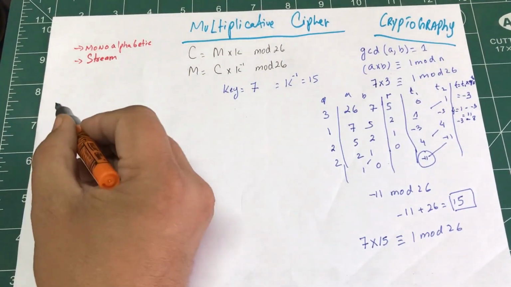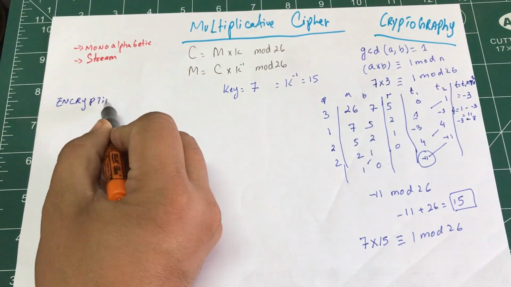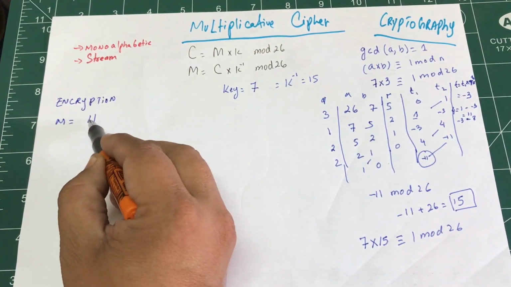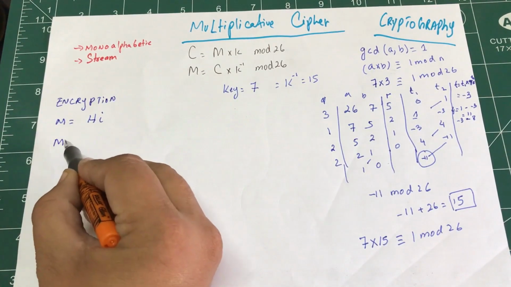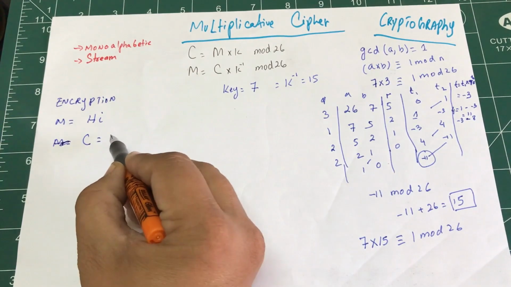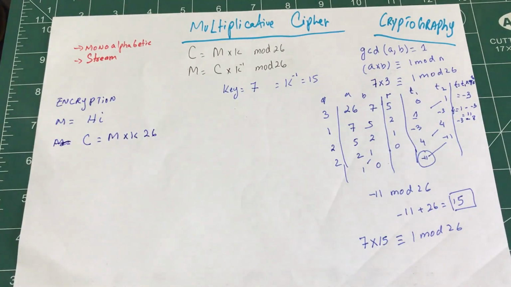So let's quickly do encryption. Let's say I have a message which is hi. This is the message I want to encrypt. So my definition is going to be: cipher-text is equal to message multiplied by K mod 26.